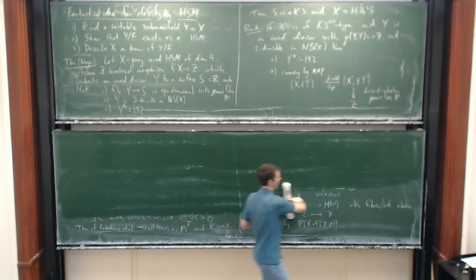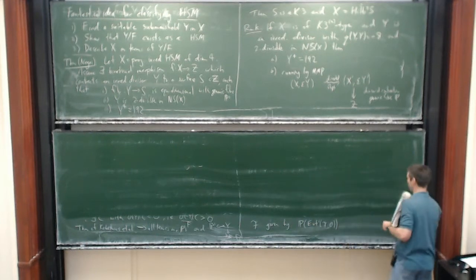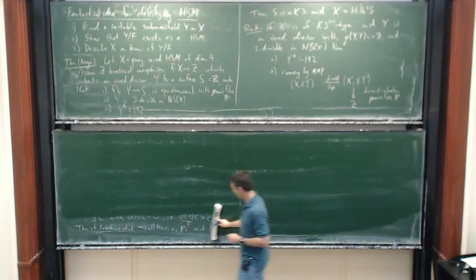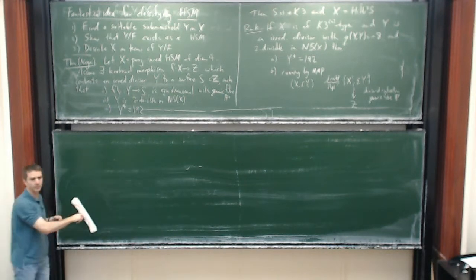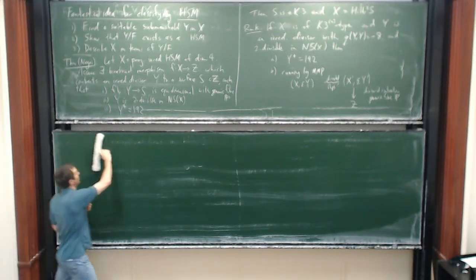I mean, the hard part about doing anything like this, though, is that it's very difficult to get effective divisors whose square is negative with the Bogomolov form.